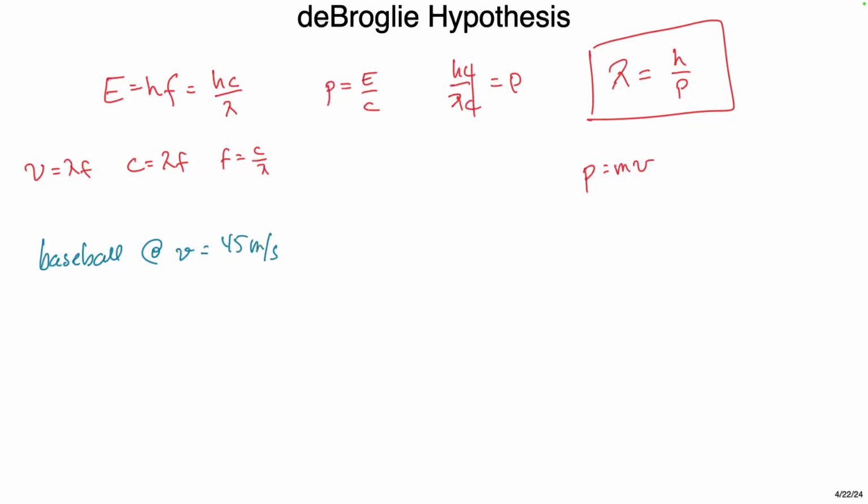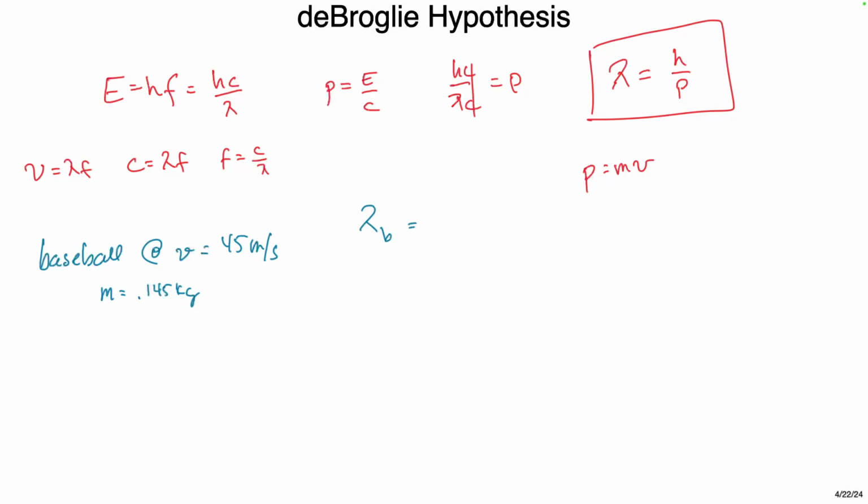So that's like a 100-mile-an-hour fastball. So this is like major league pitcher speed. The mass of a regulation baseball I looked up was 145 grams. So 0.145 kilograms, okay? So we're going to calculate the wavelength of a baseball.